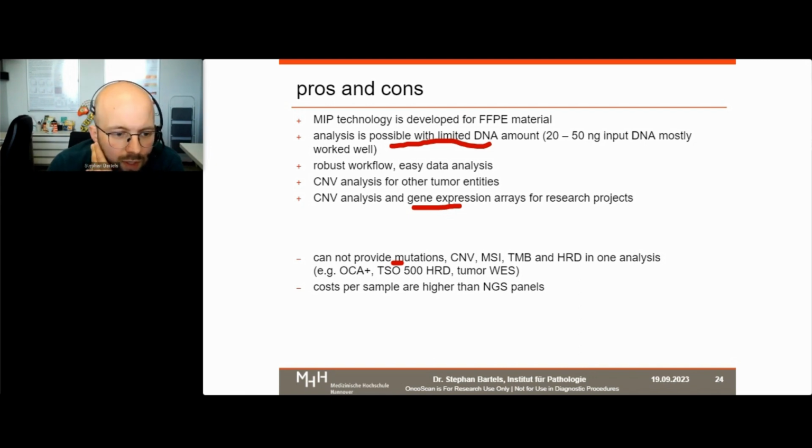And in Germany, I'm surprised that Yann says it's cheap, because in Germany, the costs for one OncoScan analysis are higher than for the comprehensive NGS panels, for example, OncoMine Comprehensive Plus. But maybe that's different depending on the region your lab is located.